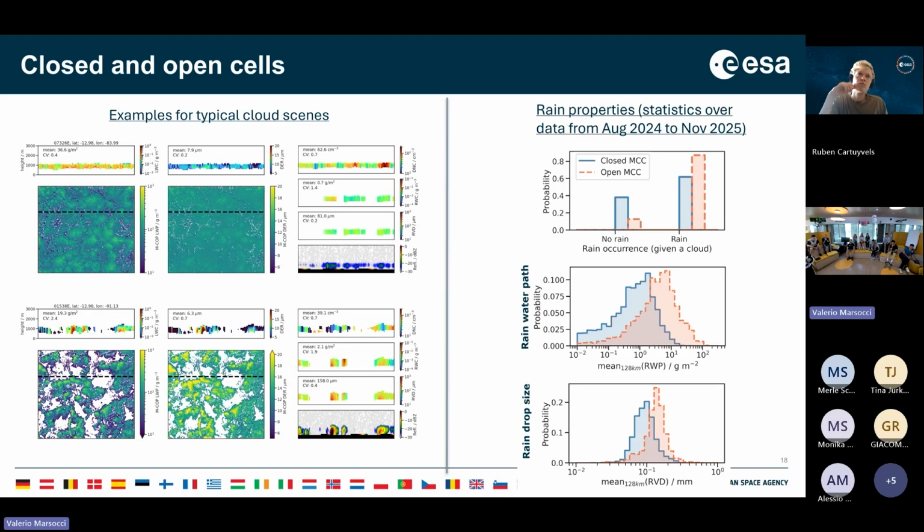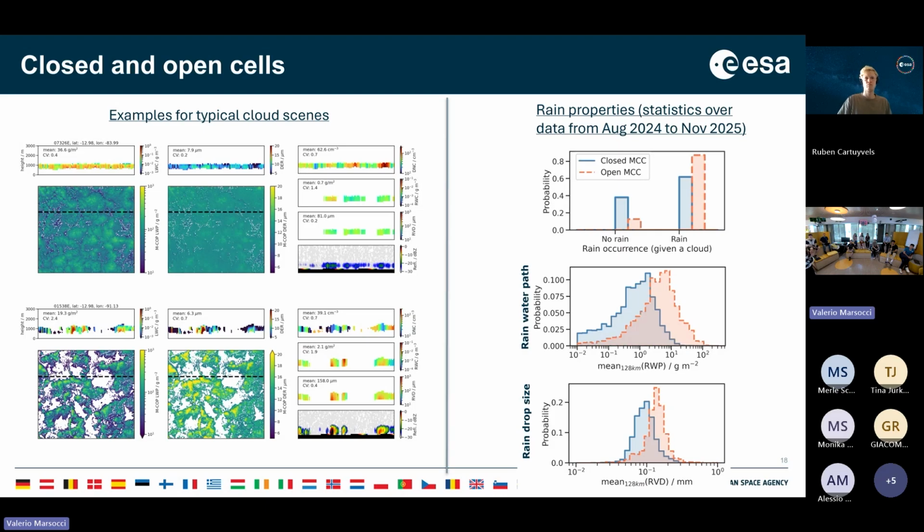Last thing about these statistics, here shown the rain properties of both cloud types. First of all, looking at the first plot in the statistics, the rain occurrence is higher for open cells. However, it's maybe not as much higher as you would expect from the literature, because we even see around 60% of closed cells that precipitate, which is something that we maybe didn't expect to see.